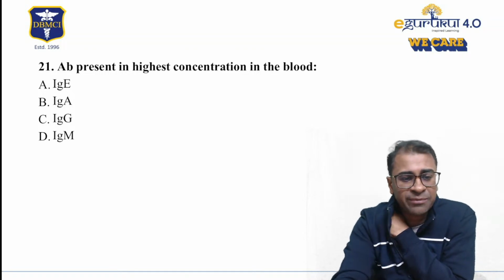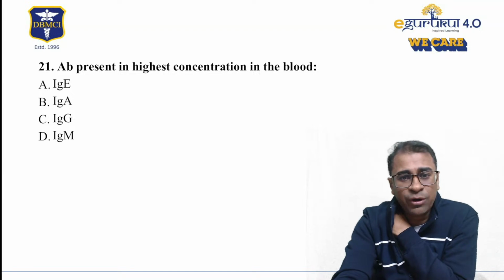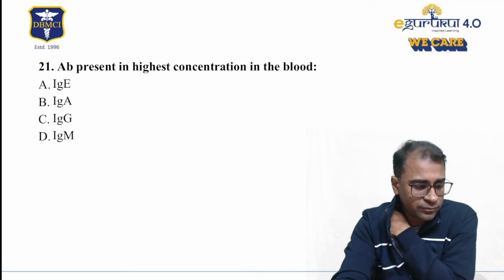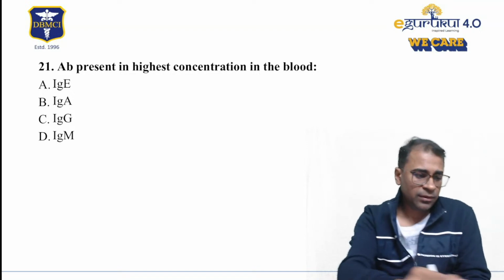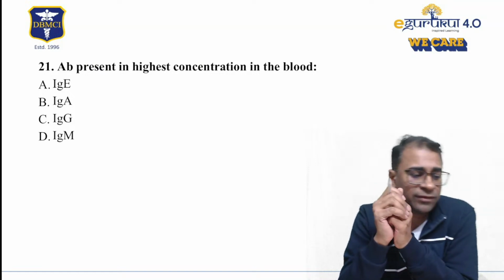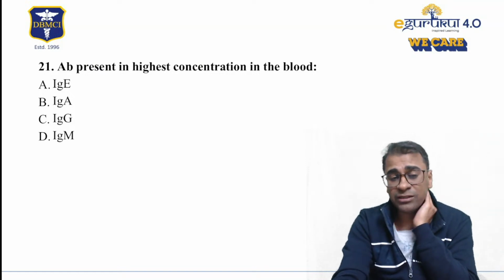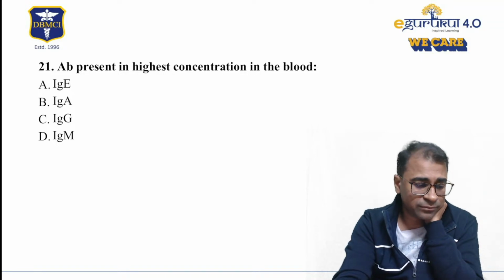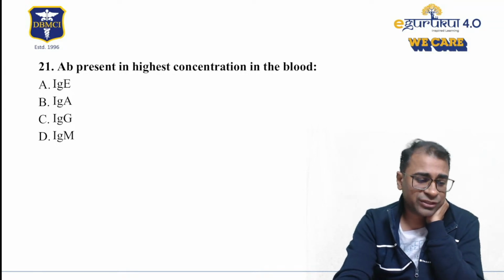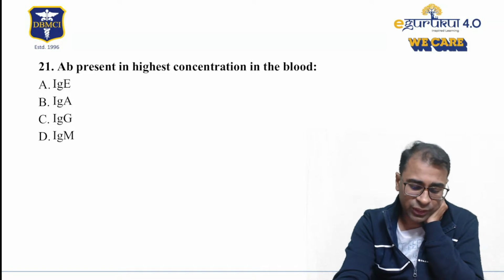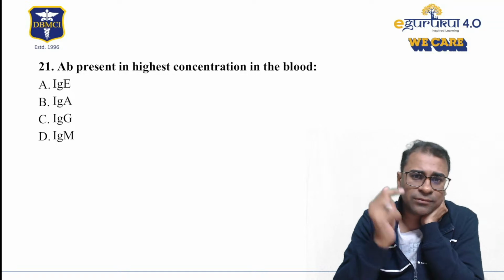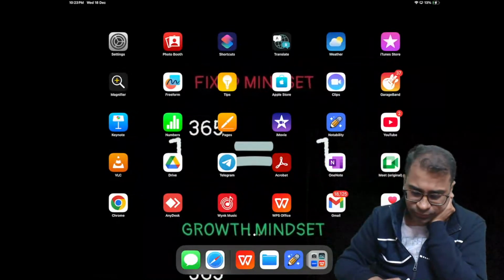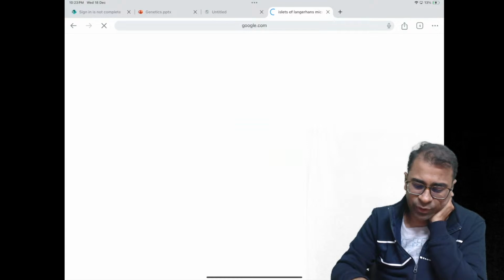I am asking you which of them is the maximum antibody concentration. बताओ. You might have read all of them in microbiology. IgG or M, which is maximum in percentage? The question is, which of them is the highest concentration in the blood? क्यों गड़बड़ कर रहे हो? देखो, कोई G कह रहा है, कोई M कह रहा है. Look at this whole thing.